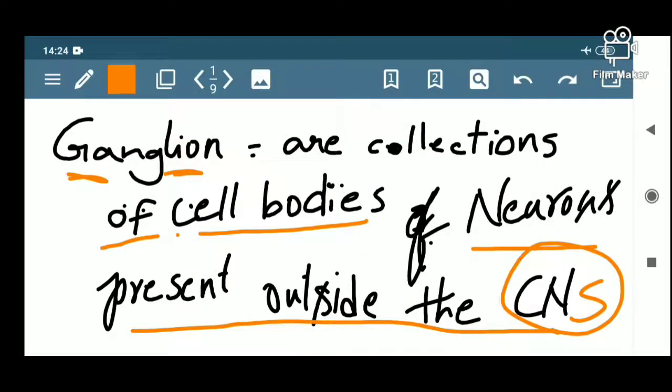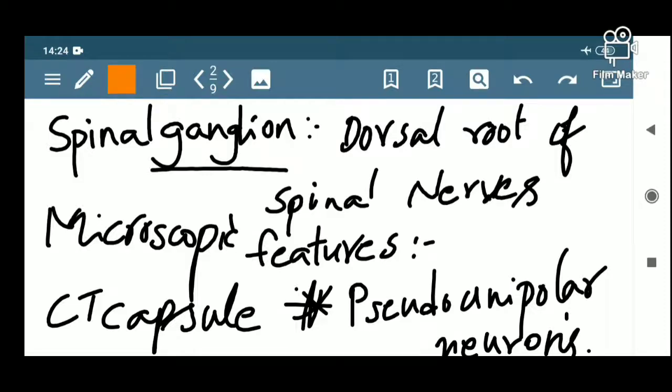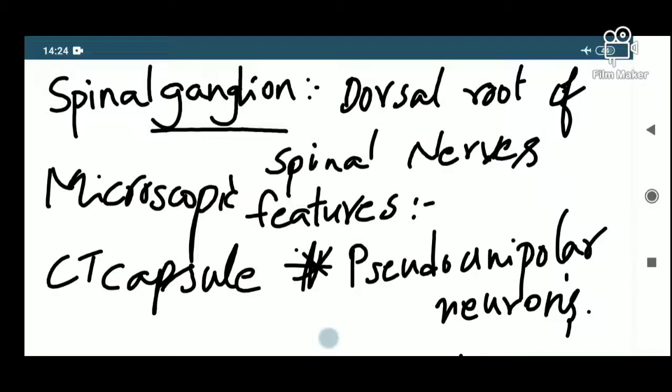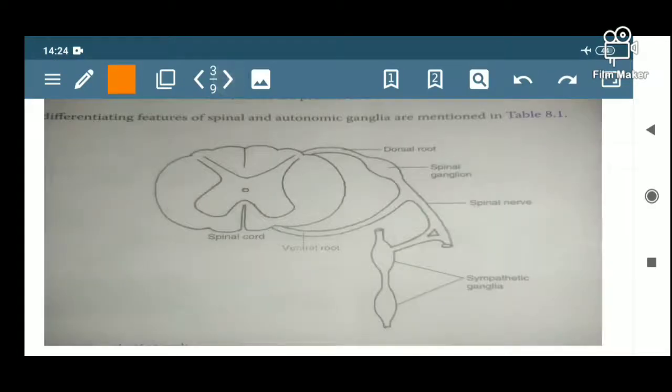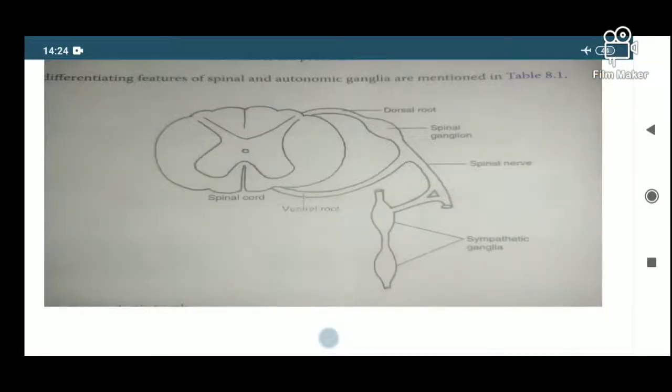So let's move into the first thing, that is the spinal ganglion. So what is spinal ganglion? The spinal ganglion is on the dorsal root of spinal nerves. So what is this confusion? Let's see this diagram. You can see here, this is the spinal cord. I have said previously that the ganglion is the group of cell bodies which are present away from the brain and spinal cord.